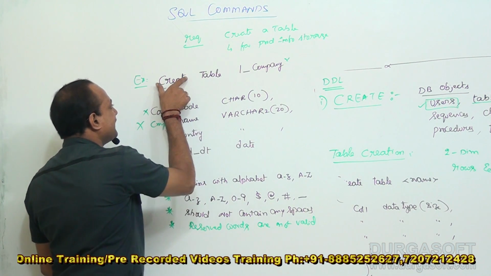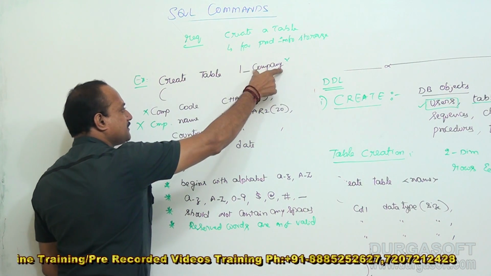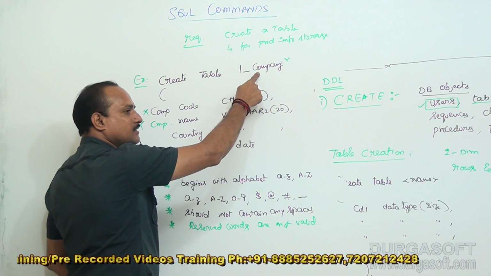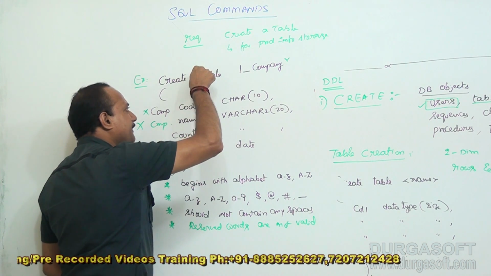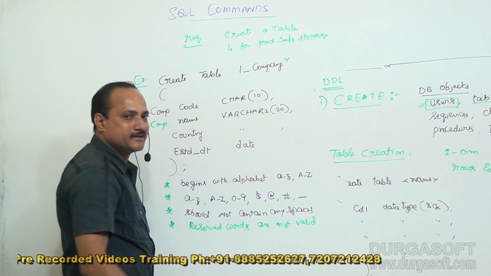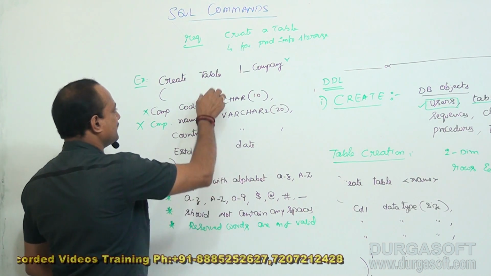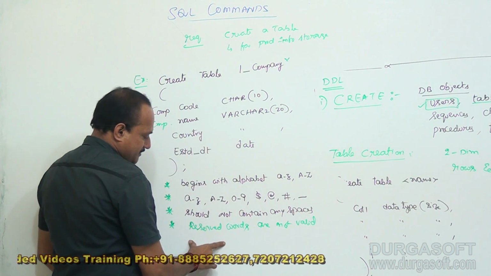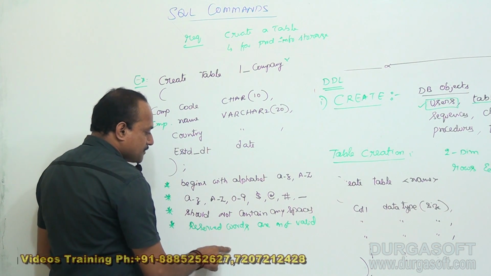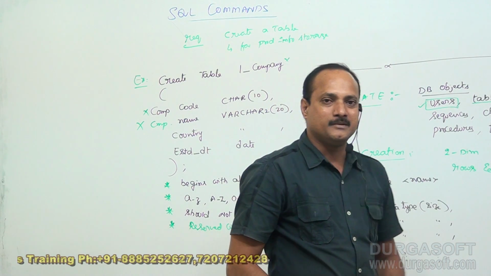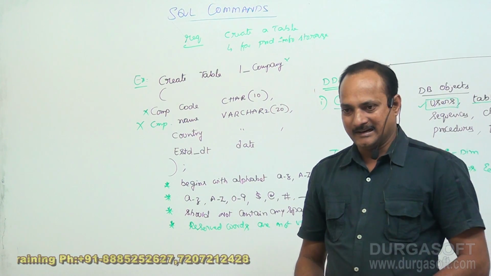Why? Because create is a command. Can I use the table name as table? Create table, table again. The table keyword actually begins with an alphabet, but still it's not valid as a table name since it is a reserved word. Don't use reserved words. And the maximum length of the name is 32 characters.